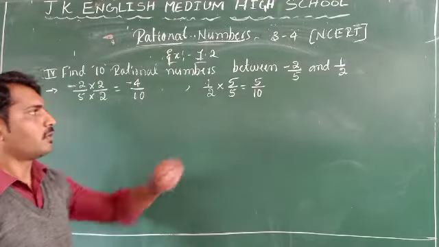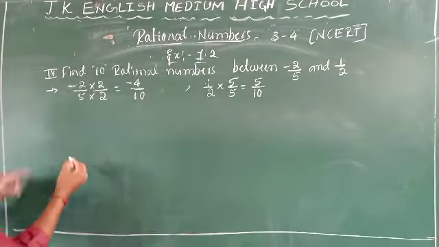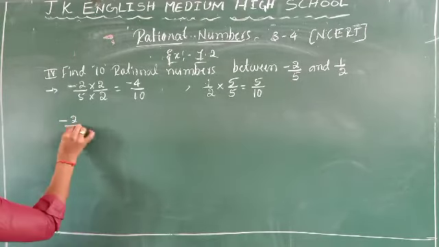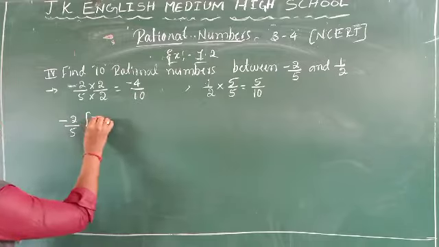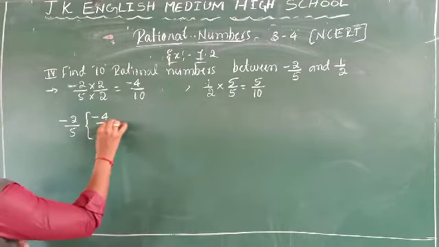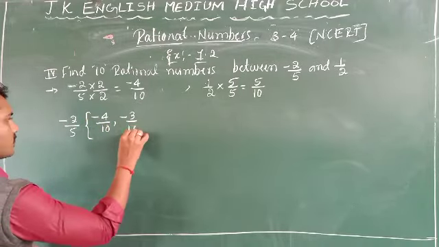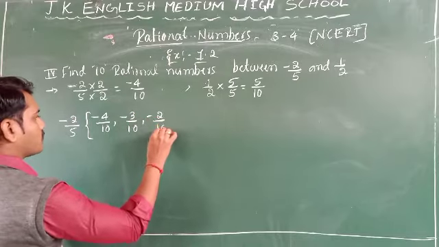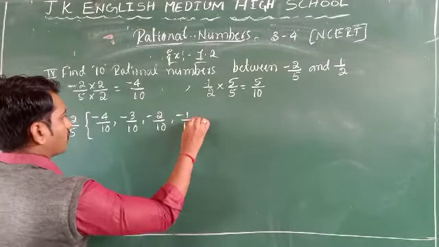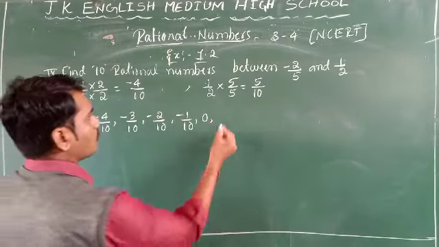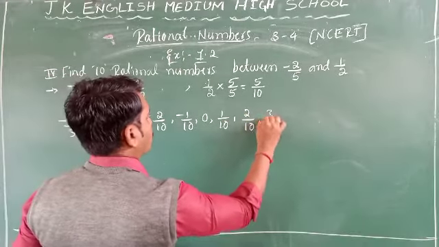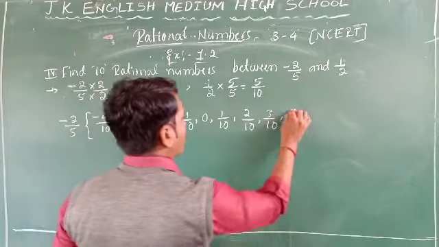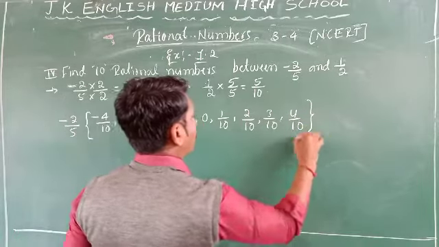We can write: first term minus 2 by 5, that is minus 4 by 10, minus 3 by 10, minus 2 by 10, minus 1 by 10, 0, 1 upon 10, 2 upon 10, 3 upon 10, 4 upon 10.